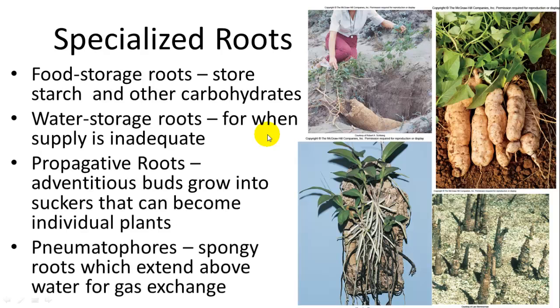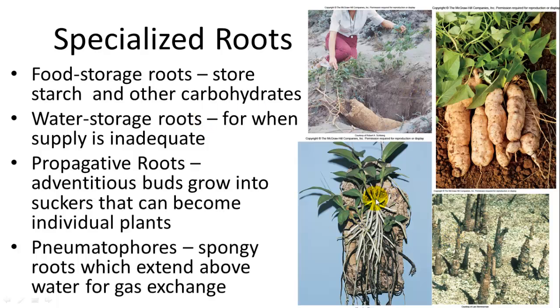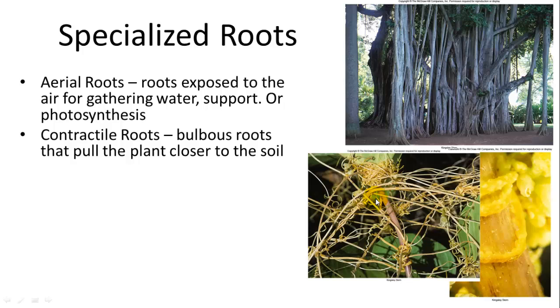Sorry. So water storage roots, propagative roots, and pneumatophores. I don't have propagative roots there. You may also have aerial roots, which would be an example here. These are roots that are exposed to the air. They may be for gathering water support, or some of them can photosynthesize.